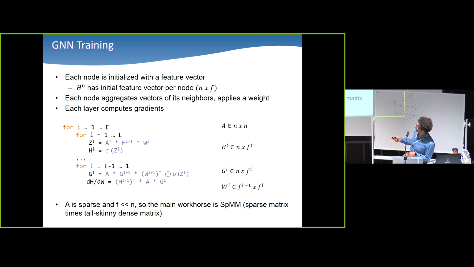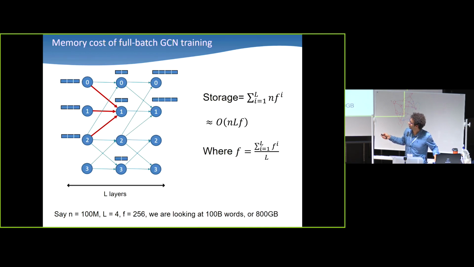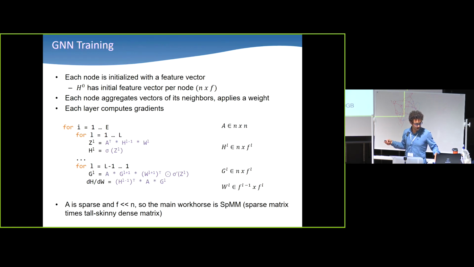The inner loop is for each layer in the network, you propagate your embedding, and there's this mixing matrix that mixes between features that is shared across all the nodes. And that's a really small, dense matrix of F by F. And these two F's might be different, as I showed you in the previous figure. Here it's 2, here it's 4, but that's okay. Just calling them F is easier.